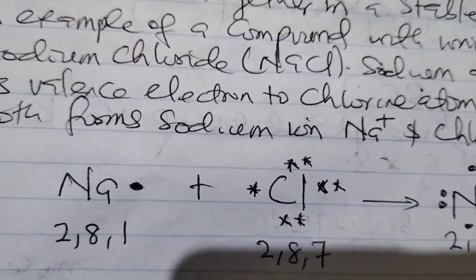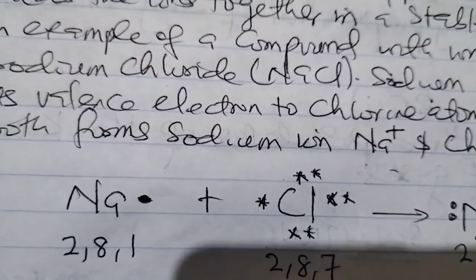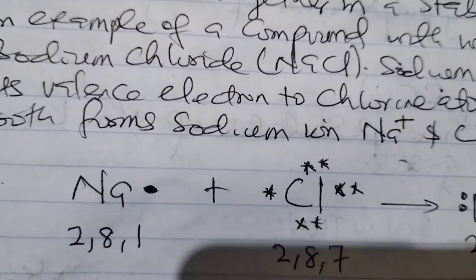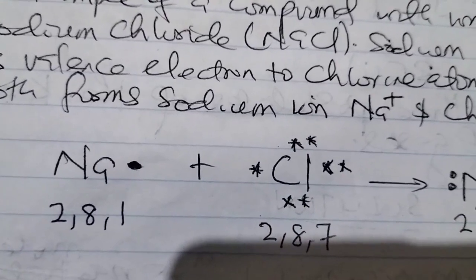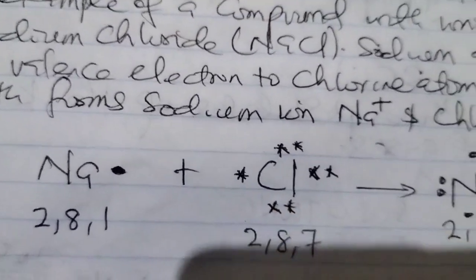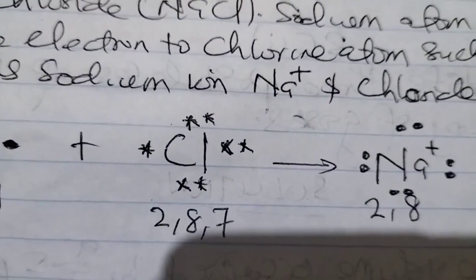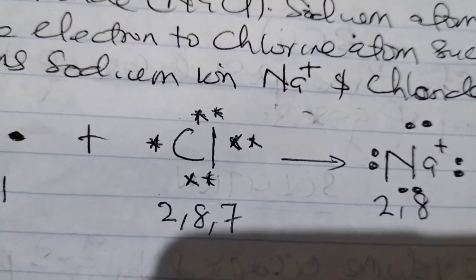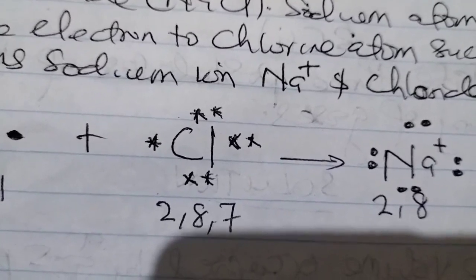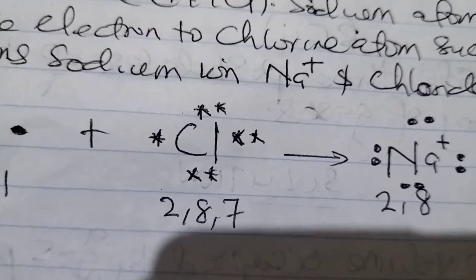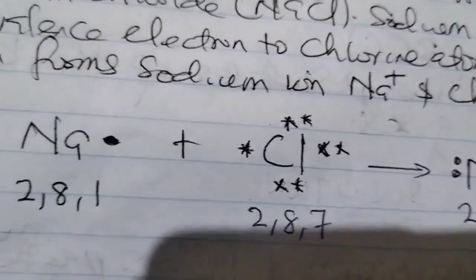Since bonding occurs in the outermost shell, we represent with a dot close to sodium, on the right, the electron in the M shell, which is the one electron you're seeing there. Then going to chlorine, the electron configuration is 2, 8, 7, from 17. We represent the valence electrons, that is 7, since bonding occurs in the outermost shell.